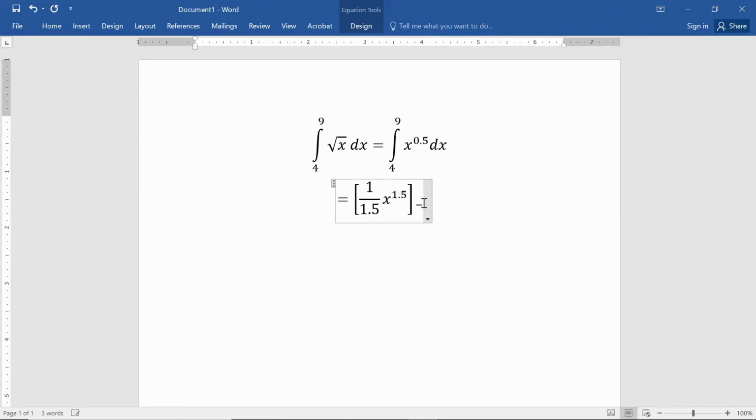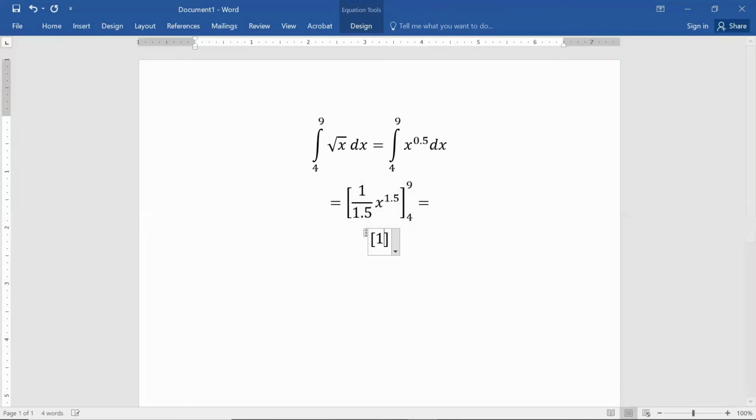Obviously, we're going from 4 up to 9 in the x values. If you wanted to rewrite this, 1 divided by 1.5 is actually 2/3. So if you prefer to rewrite that as 2/3, that's fine. I am simply going to plug it in as it stands.